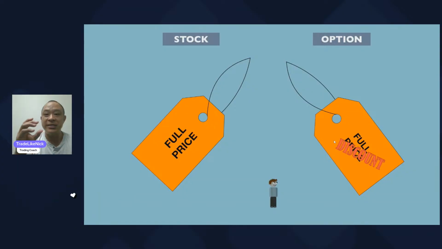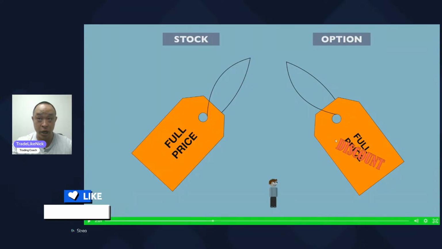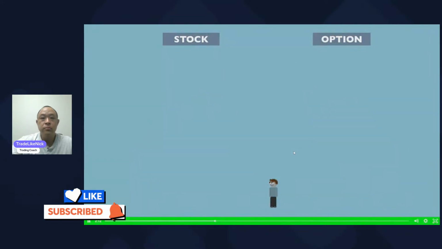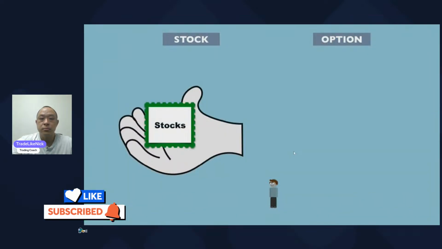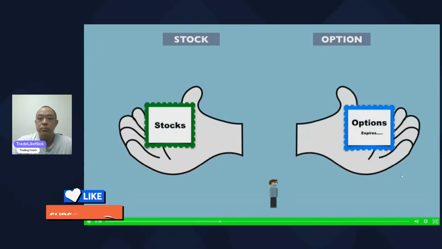what an option premium is worth is basically where the market thinks the stock is going to go, which we'll explain later. With stocks, you can buy and hold for as long as you want. With options, your contract has an expiration date.